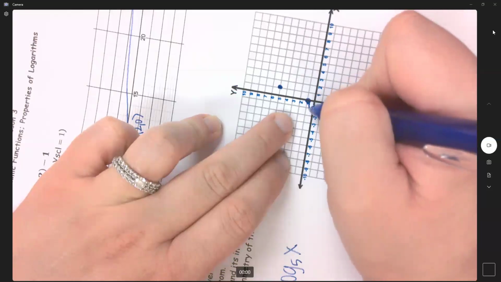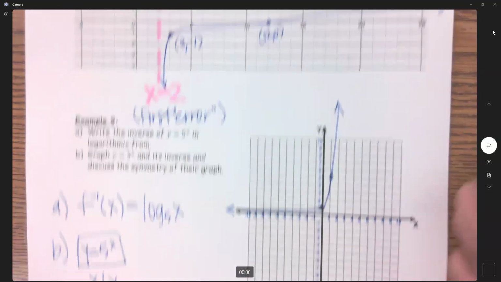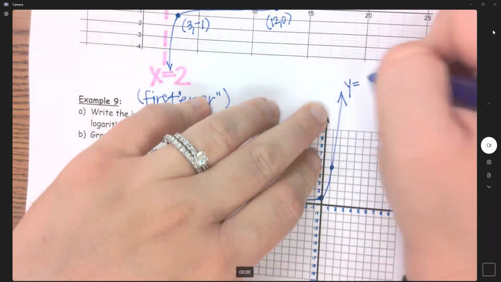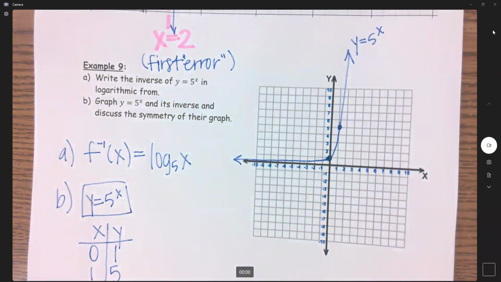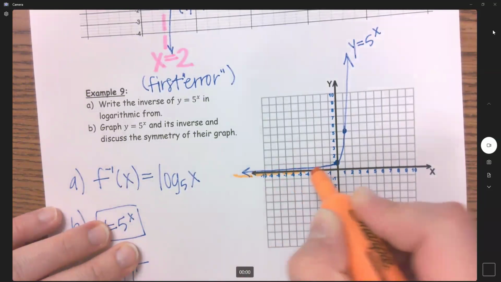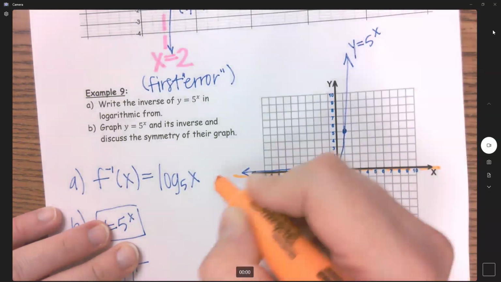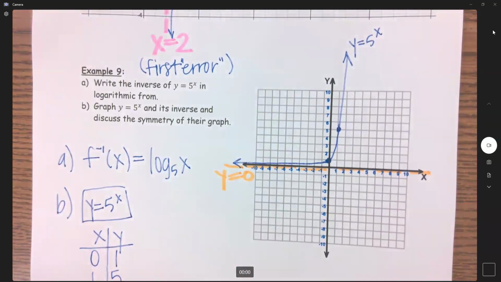And we're going to remember that we have a horizontal asymptote right here. This is y equals 5 to the x power, with a horizontal asymptote at y equals 0.